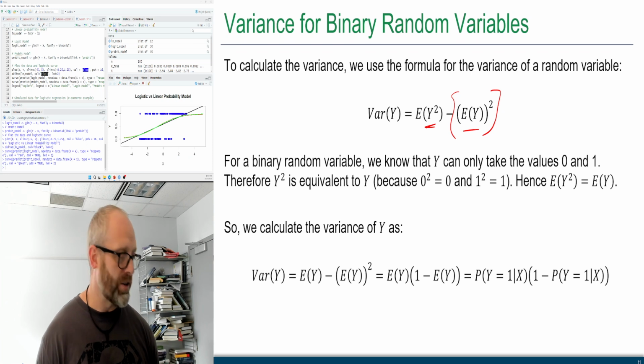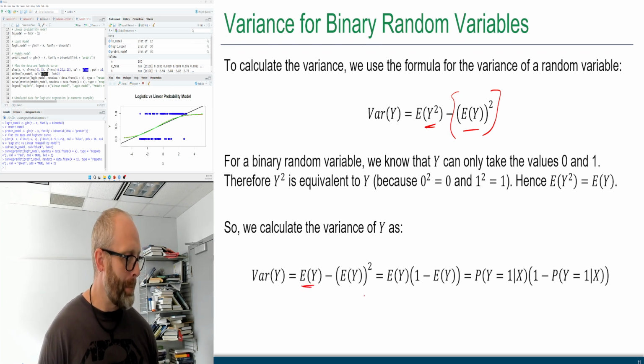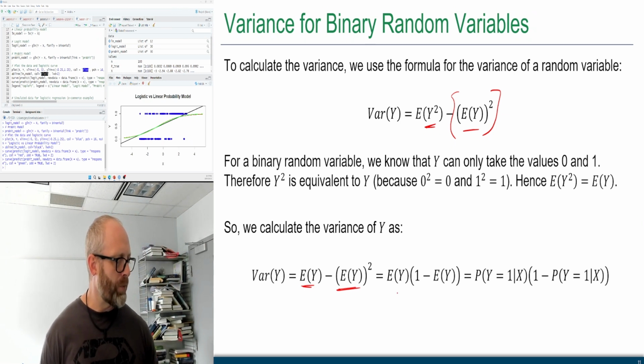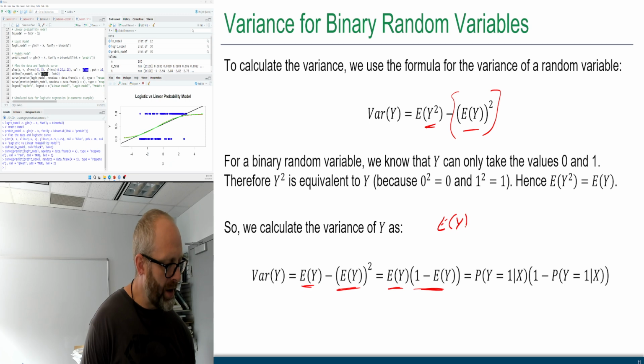So we can actually rewrite this. The variance of y is now not y squared, but just E[y] minus E[y] all squared. Well, we can do a little bit of factoring here. So what do we get? Well, we get the expected value of y times 1 minus the expected value of y. And as we defined beforehand, the expected value of y is the probability that y is equal to 1 for a given value of x.